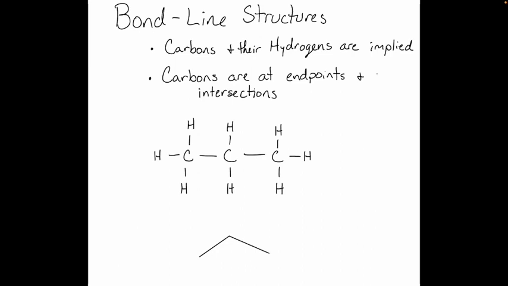All right, so what do I mean by that? I mean at each of these endpoints of my line segment, this corresponds to this carbon here. This corresponds to this carbon here, right? So the end point of these line sections, they represent carbons. And the intersections of these line segments also represent a carbon. So where they meet in the middle here, that's my middle carbon.